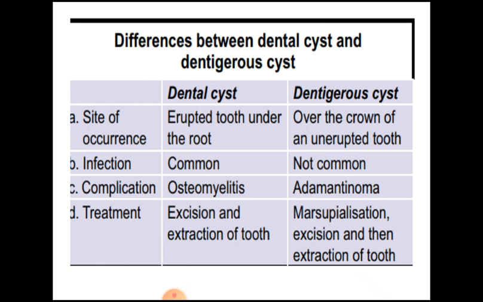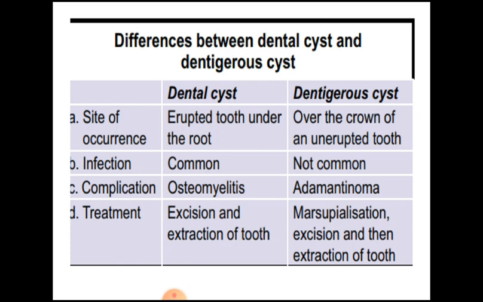Again, dental cyst arises in relation to an infected tooth, while dentigerous cyst is related to an unerupted tooth. The dental cyst arises in the upper jaw near the incisors or the canine tooth, while the dentigerous cyst is in the lower jaw and in relation to its angle.